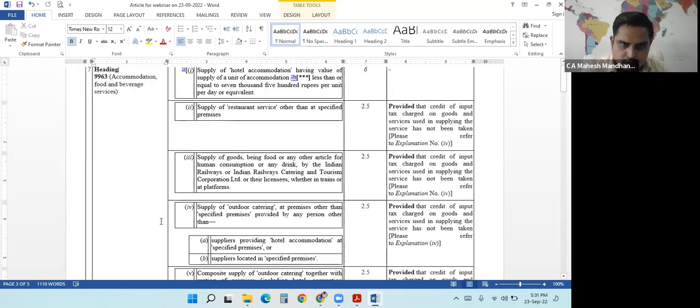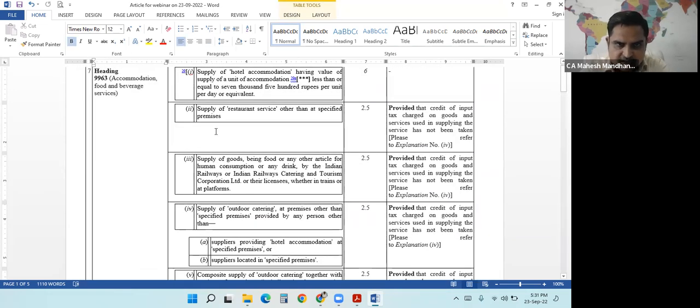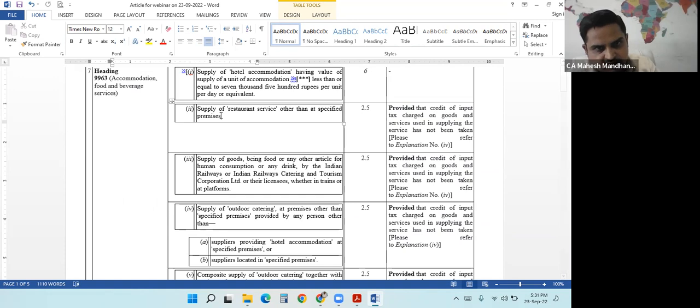Now we'll try to understand and analyze this particular entry, supply of restaurant service, one by one. Point number 1, restaurant service is liable to tax at 2.5% without ITC, and all the services are now included in that. Door delivery services, cloud kitchen, everything.